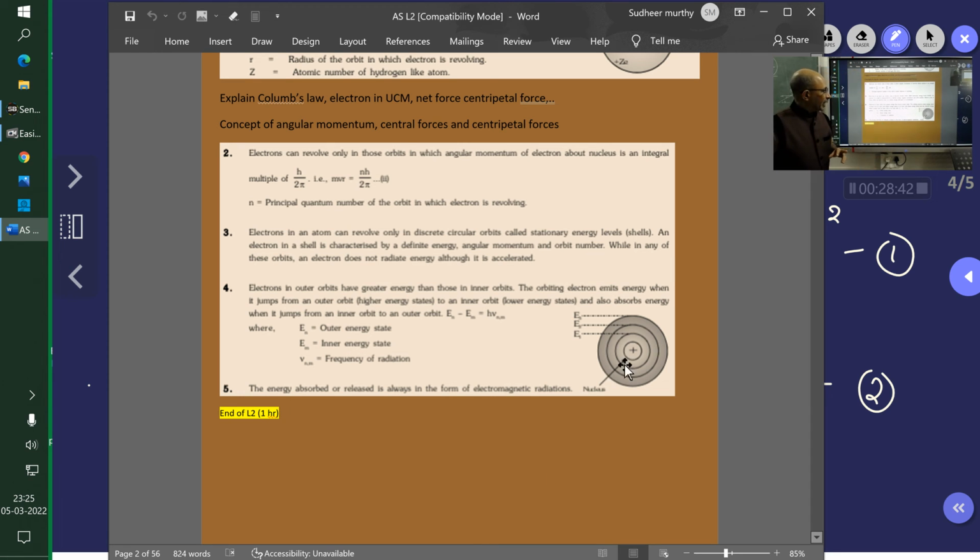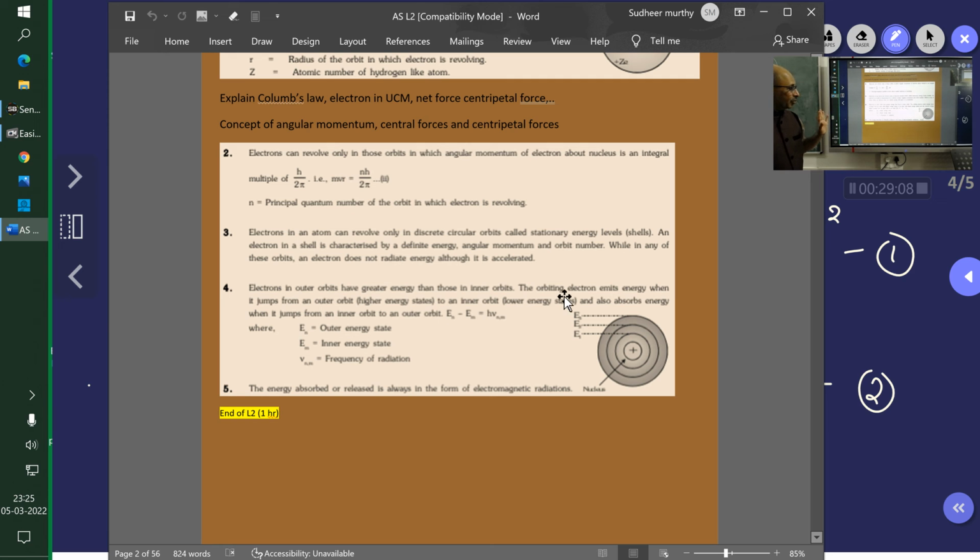Similarly, the potential energy of the electron, as it keeps moving away from the nucleus, keeps on increasing. Of course, the speed also will change, but the total energy of the electron in this level is more than the total energy in the lower levels.